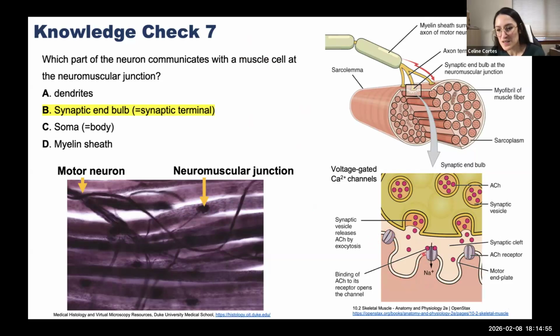So this is essentially the part of the muscle cell itself that contains these different receptors for acetylcholine. And then those receptors are going to allow ions to pass into essentially the plasma membrane of the muscle cell and create that movement of ions.